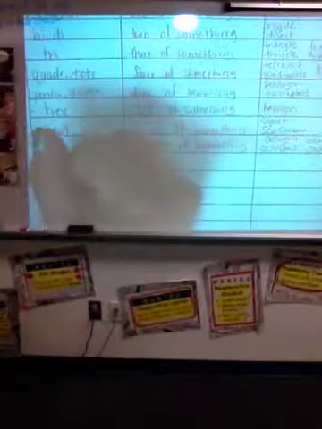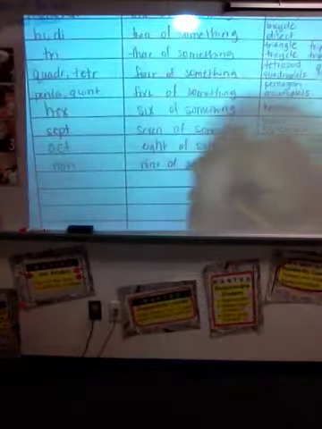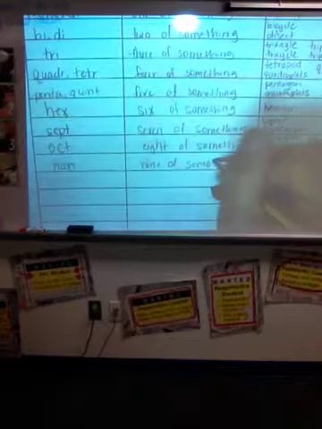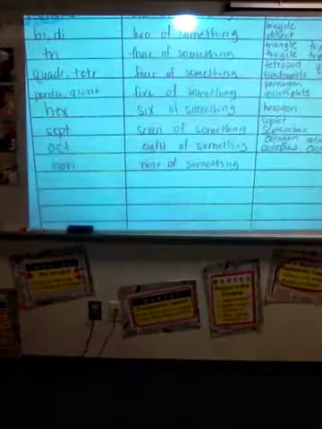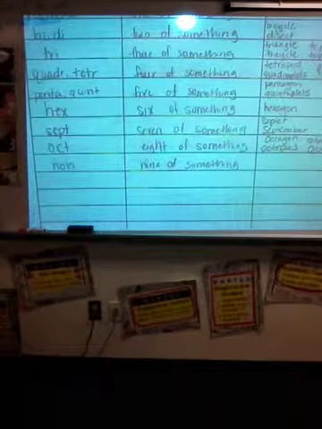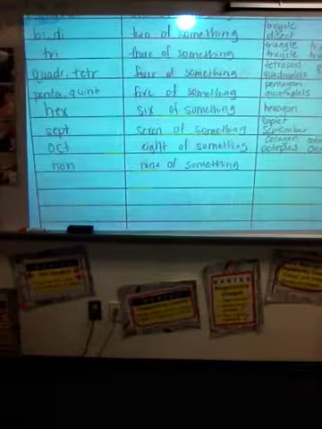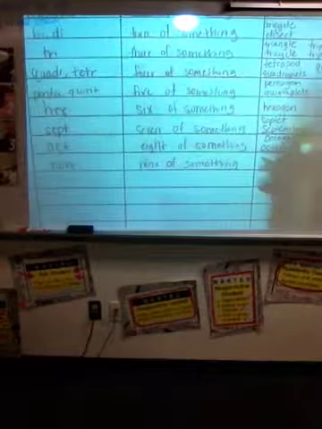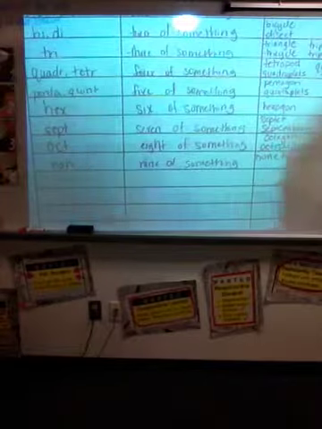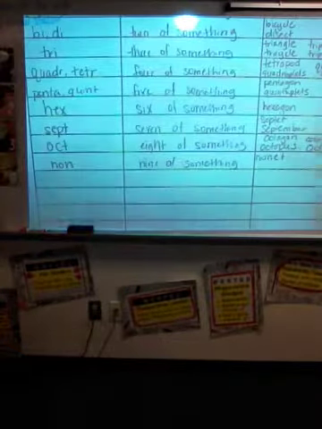Okay, the next one is non, N-O-N. It means 9 of something. Some examples of using that prefix, these are kind of new words for you. A nonette. A nonette is basically a musical group with 9 musicians in it.